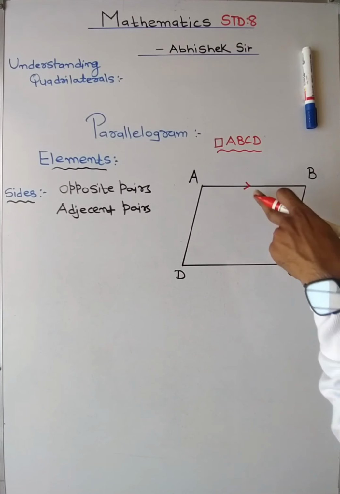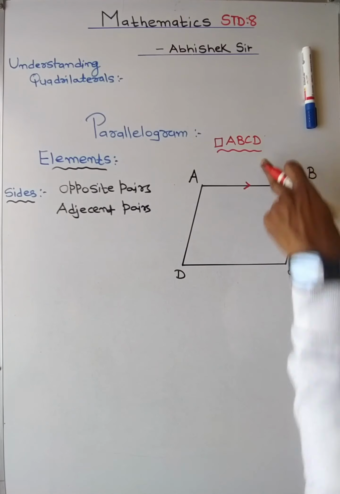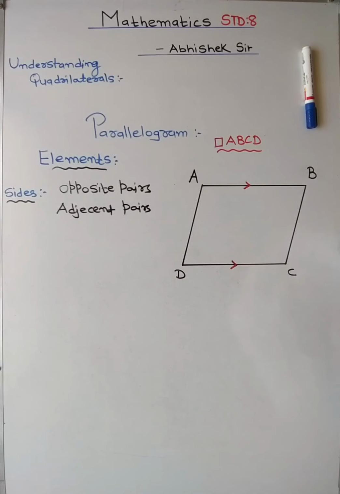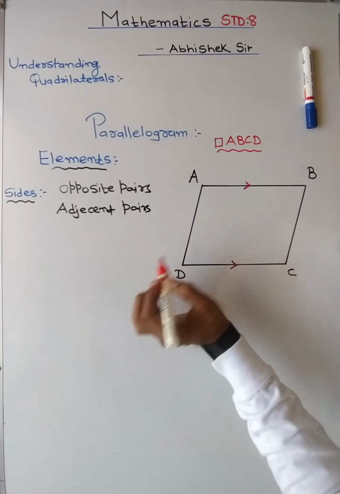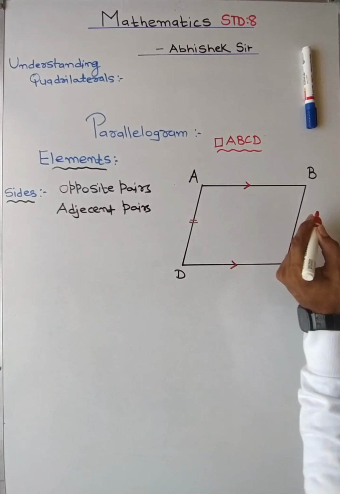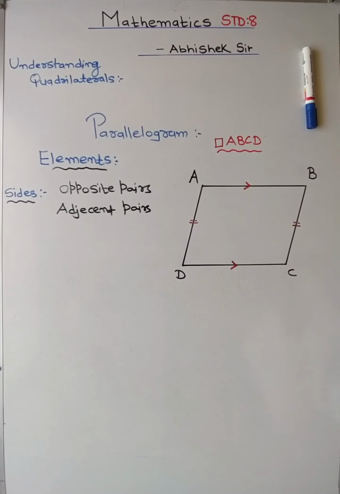Okay, now the side opposite to it is in front of this, so the side opposite will be DC or CD. Clear? Now if you take this one AD, so what will be in front of it? That will be the opposite one, so that will be BC. Clear?